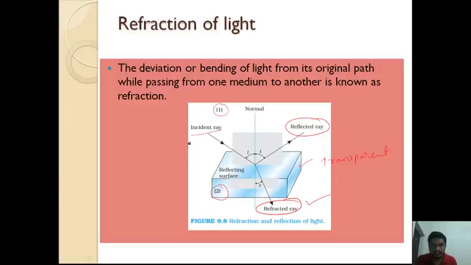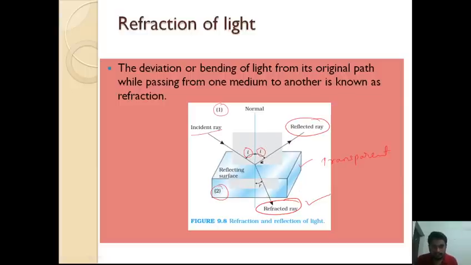According to the first law of reflection, the angle of incidence is equal to the angle of reflection. That is why both are represented with the same letter, because both are the same in magnitude. We are talking about the angle of refraction, not the reflection, so forget this one.